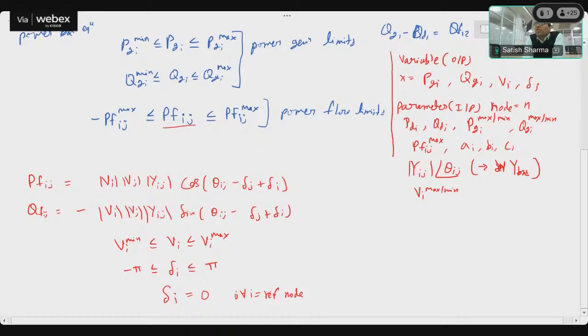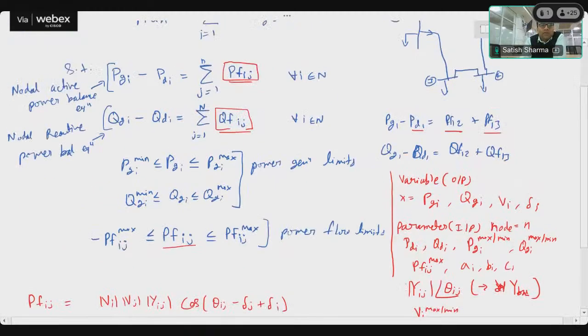Whatever the number, let's say bus number 2 is my slack bus, so delta 2 should be equal to 0. If bus number 1 is my slack bus, then delta 1 will be equal to 0. So far, this looks like a problem which can be solved.